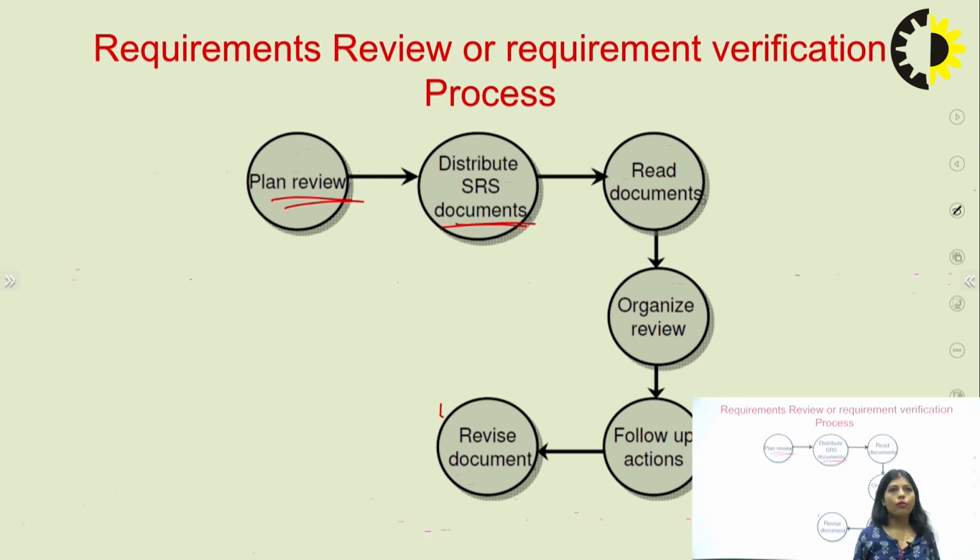In our software developer team, we have multiple persons, so we distribute it to many software developers in the team. After that, the developers can read the document, and after reading, they organize a review about the software product, and they give some actions which we have to follow up.